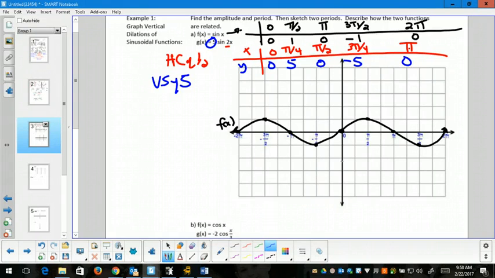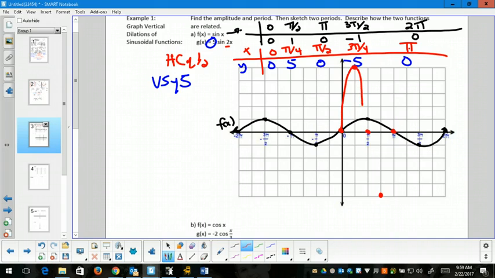So I'm going to plot 0, 0. And then at pi over 4, which is here, I actually need to plot 5. 1, 2, 3, 4, 5. At pi over 2, it's back down to 0. At 3 pi over 4, which is halfway between pi over 2 and pi, I'm at negative 5. And then at pi, I'm at 0.